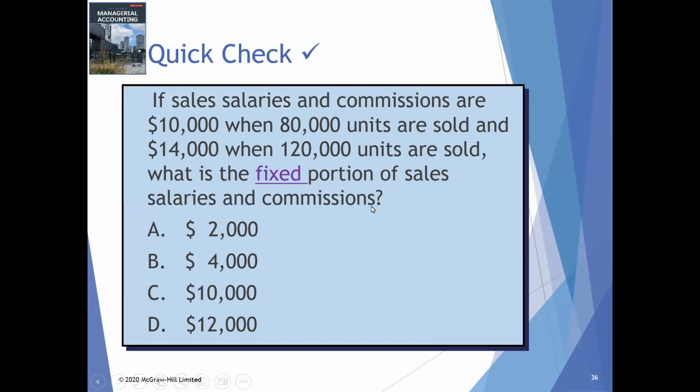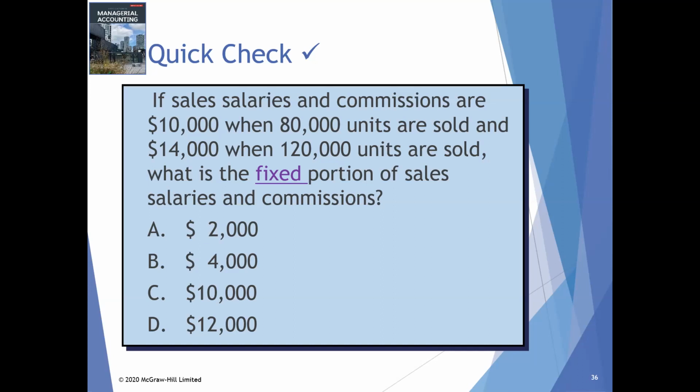Now, if the sales salary and commission are 10,000 when 80,000 units are sold, and 14,000 when 120,000 units are sold, what is the fixed portion of the sales salary? Now, everything is available. We need to find what is the fixed cost.